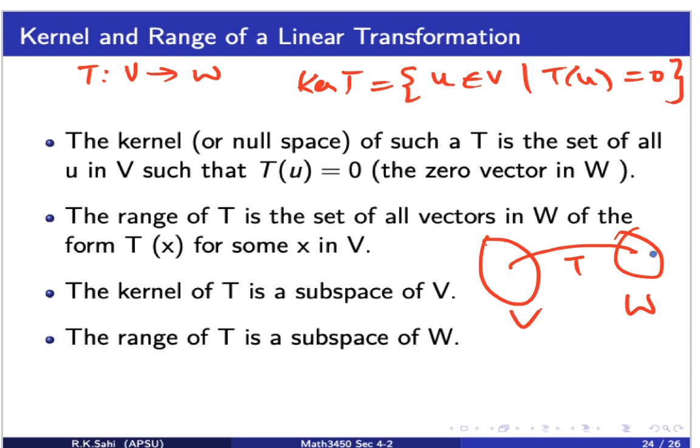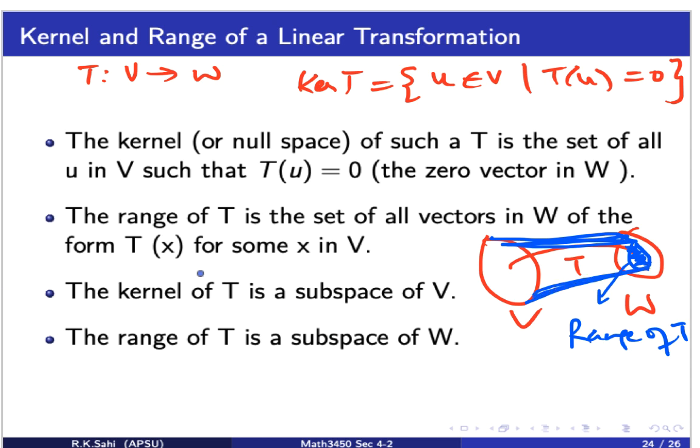This is the codomain, remember? So all those elements, when acted upon, go to this little blue region, and this is called the range of T. In other words, every element here has a preimage in the domain.